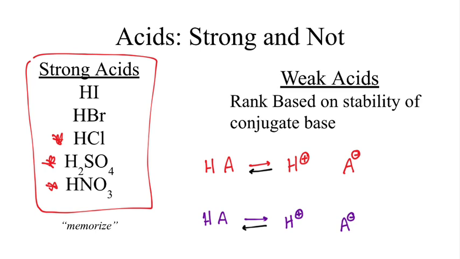If purple A forms more than red A, what does that mean about the H+? If I get more purple A than red A, what does that mean about my purple H+ versus red H+? I have more of this than I have of this.